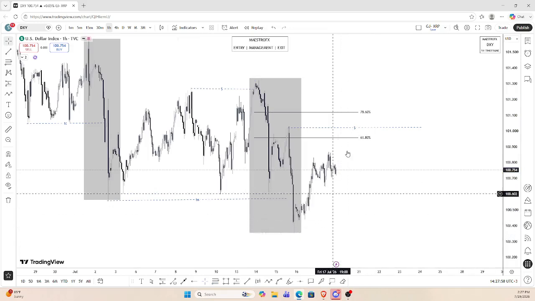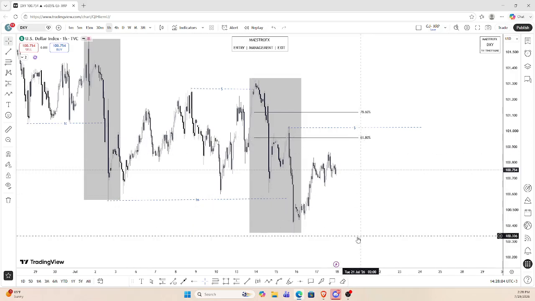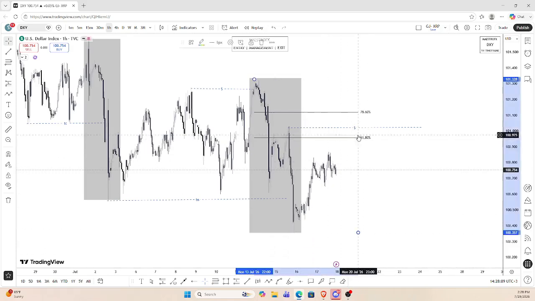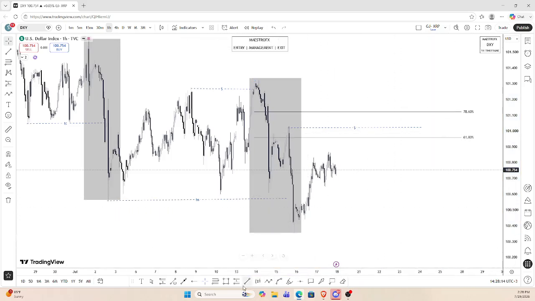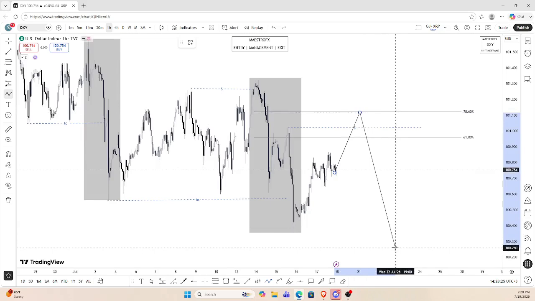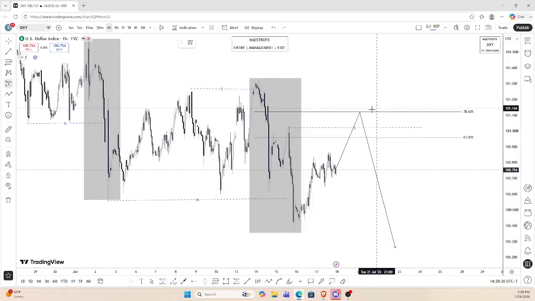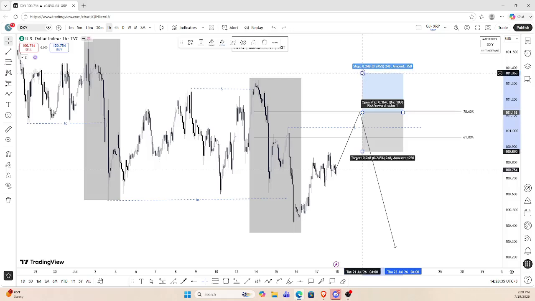Yes, we can see that this internal liquidity is in line with 61.8 and 78.6 Fibonacci retracement levels, and so I'll be looking to take shorts after we check this internal liquidity and fulfill the 78.6 Fibonacci retracement before we continue. And so on the DXY, this is what I'll be looking for.